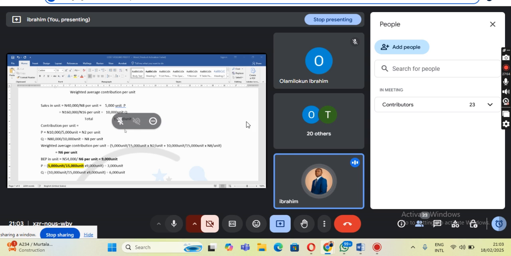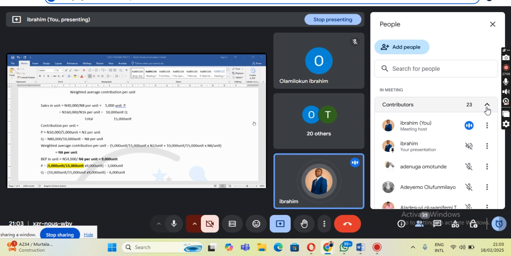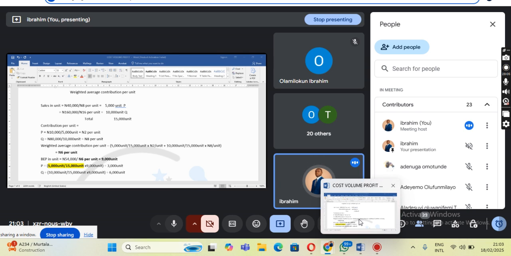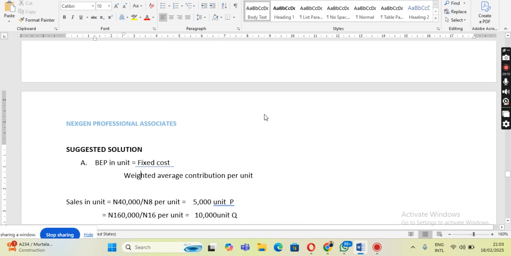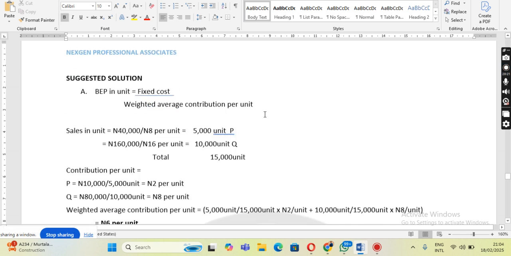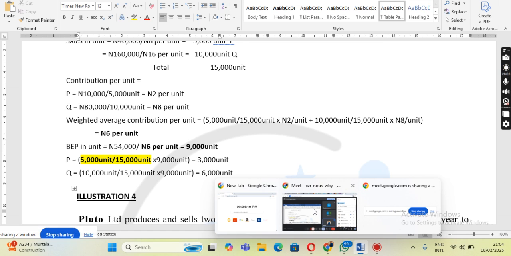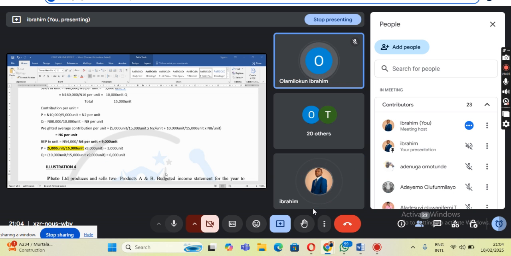If it is multiple products, it will be fixed cost divided by weighted average contribution per unit. Since you are looking for BEP in units, what did you normally use to divide? It is contribution per unit, but since it is multiple, it will become weighted average contribution per unit. And that is the formula. Thank you.